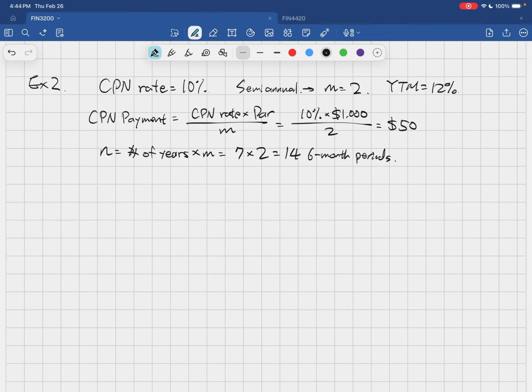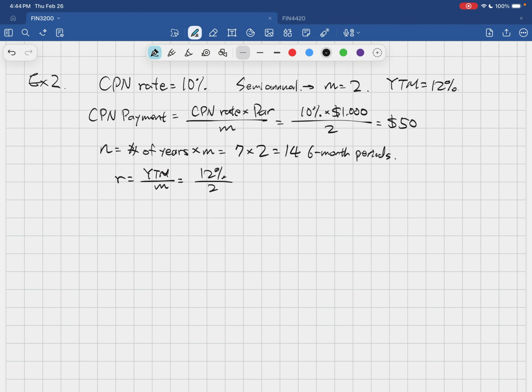Okay. And the R, the final piece, R is YTM over M. So R is the periodic discount rate. So YTM is given at 12%. We know it's a semi-annual bond, so M is still 2. So R that we'll use is 6%.